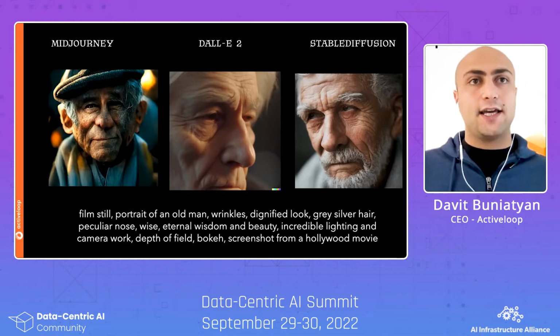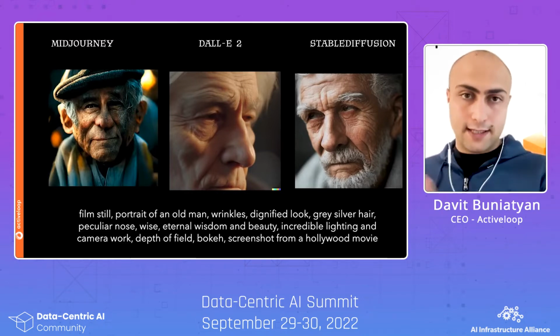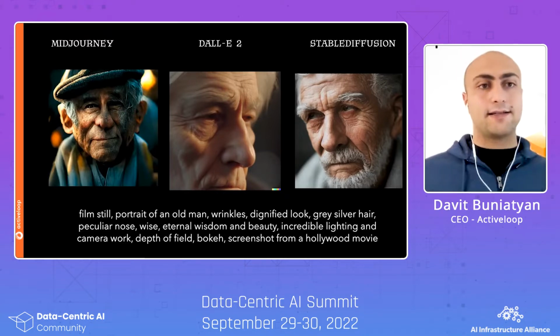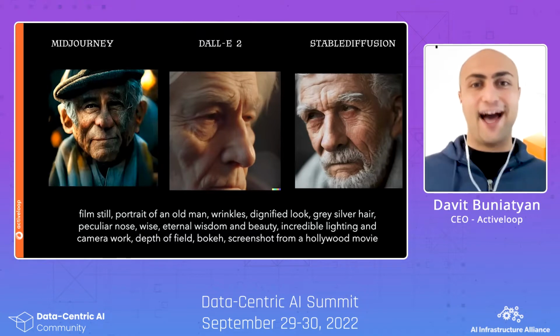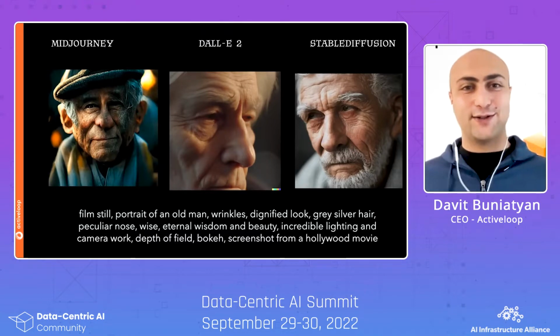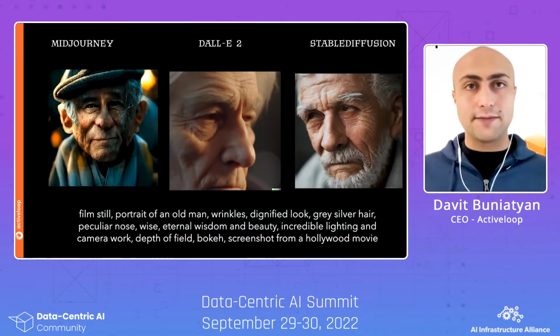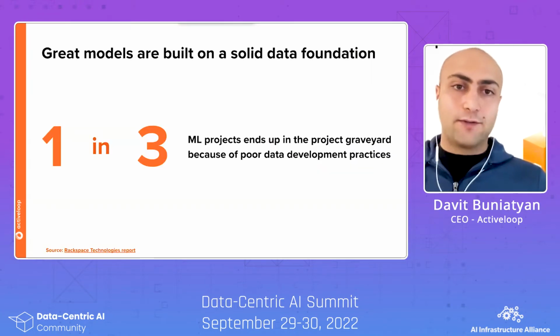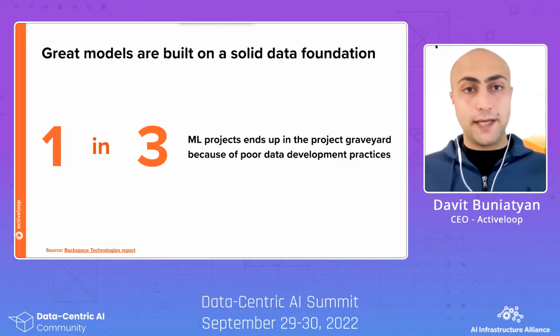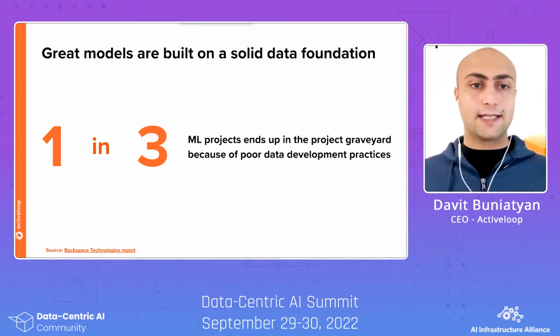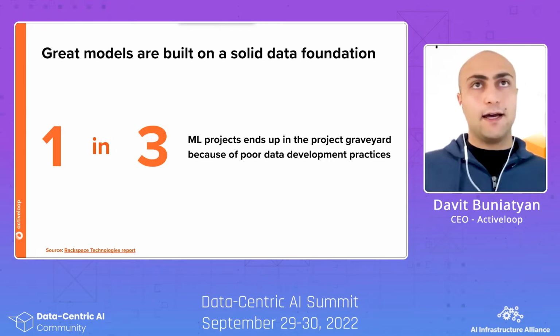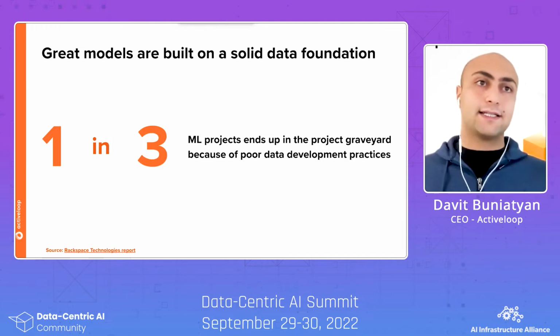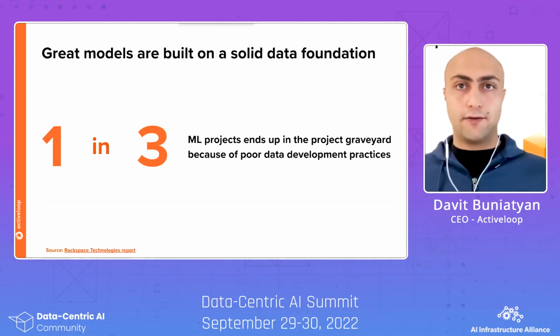And behind every model that you see in deep learning over the past 10 years, there is a dataset that sits behind the scenes that has been able to create these models. And apparently, 1/3 of ML projects fail because of poor data development practices, because of problems building those datasets and then fitting them into machine learning frameworks.